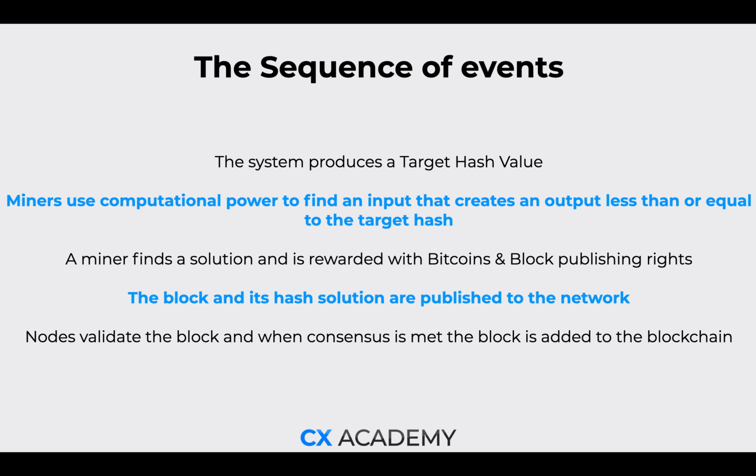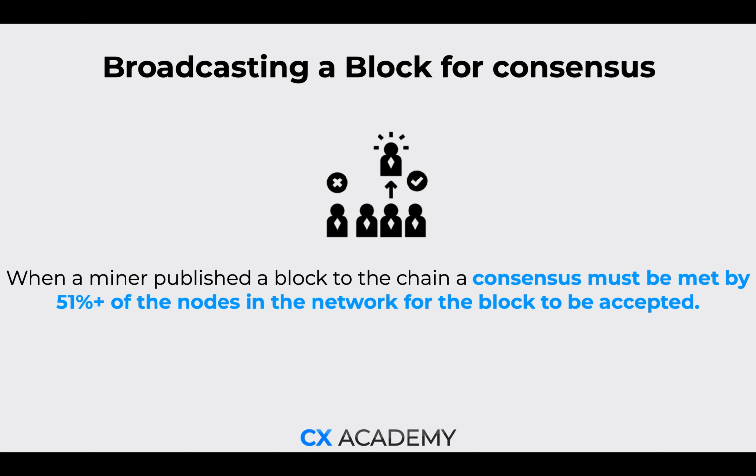Okay, so the block and its hash solution are published to the network for the consensus model to take hold. Nodes validate the block, and when consensus is met, the block is added to the blockchain and the transactions are set in stone. Digital stone. Okay, that's a brief kind of sequence of events there.